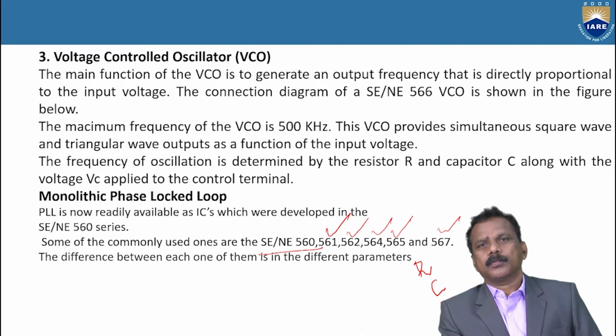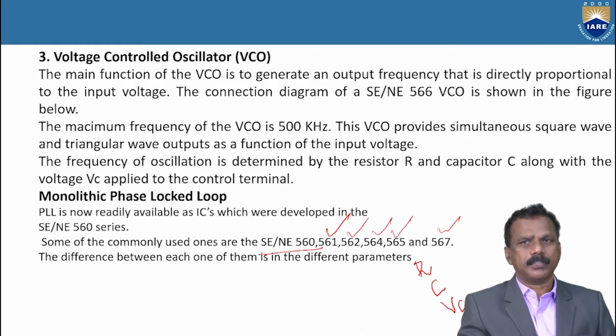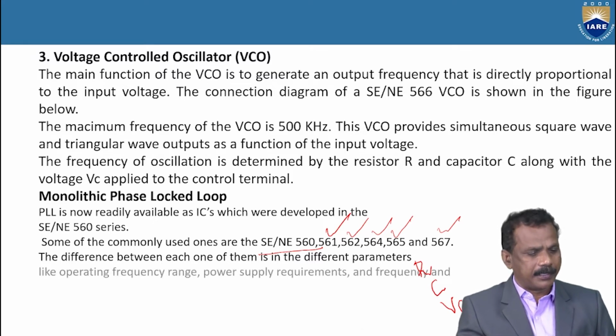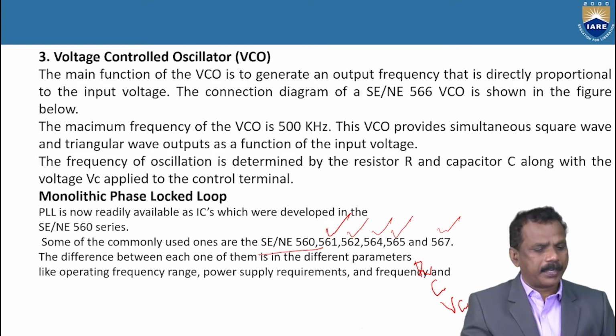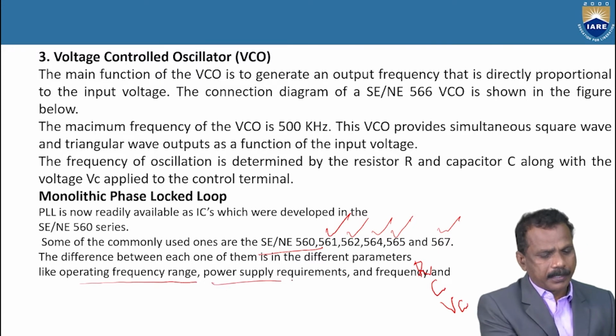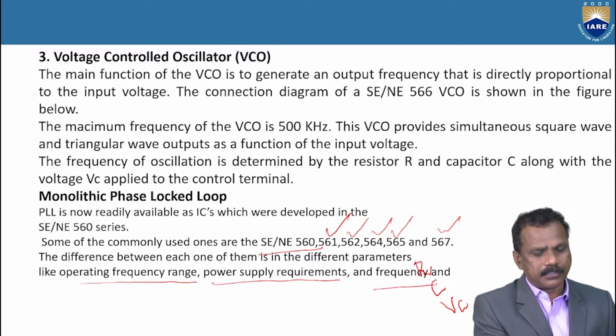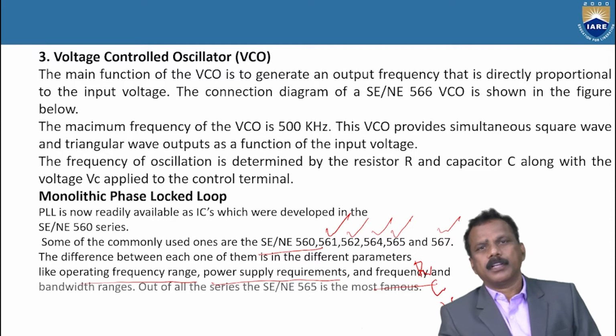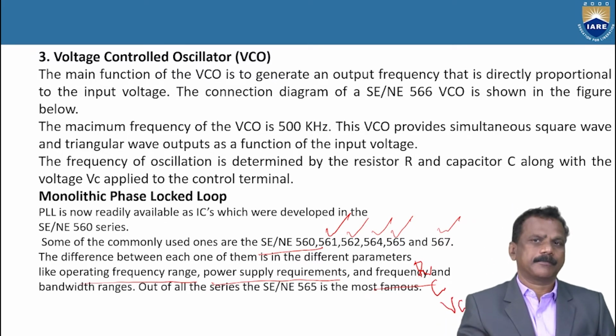The difference between each of them is in different parameters. The major one is the operating frequency range, then the power supply requirement, frequency, and finally the bandwidth ranges.